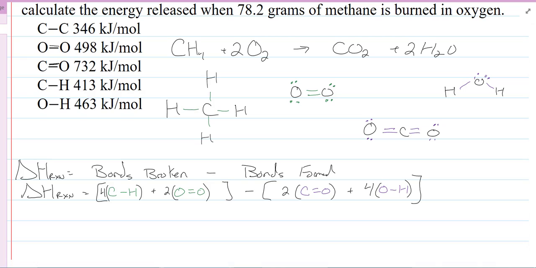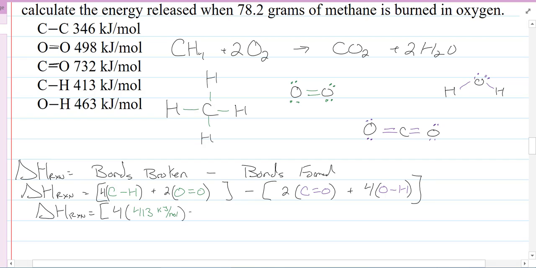Now we're just plugging numbers in. Delta H of the reaction will be equal to 4 times CH, 413, and 2 times O double bond O, which is 732.